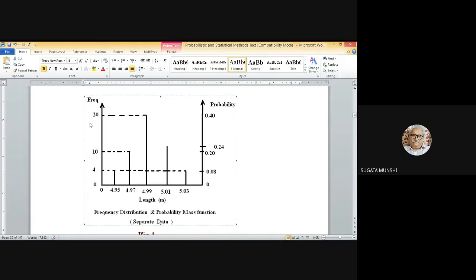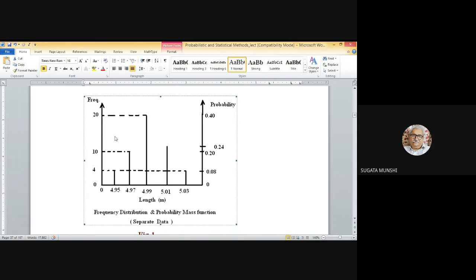If you divide this frequency of occurrence by the number of samples collected, you will get what is known as relative frequency. And because only 50 samples have been collected, we have no other way to describe the probability value, but it will be obtained simply from the relative frequency.